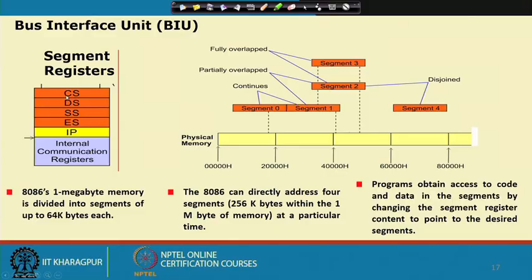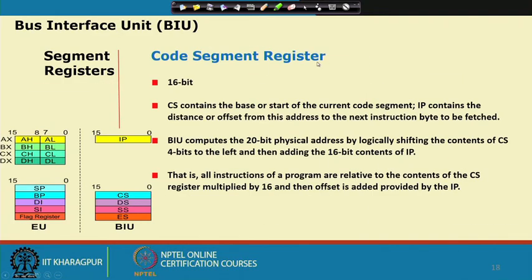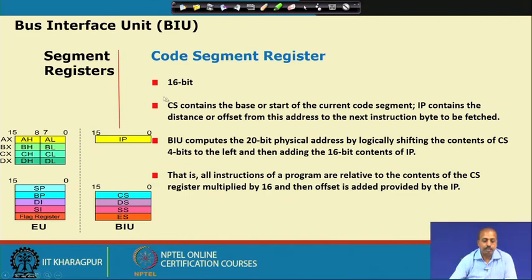Of course, you can change the content of the segment registers to have more segments. If after some time DS should better point to segment 3, you can change the content of DS, and segment 3 becomes the data segment.